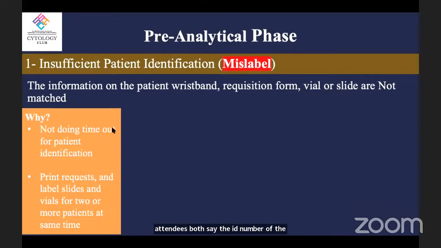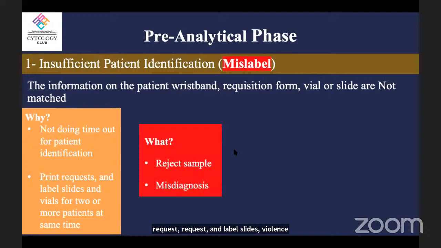Then they ask the patient to say her name to make sure this is the correct patient with the correct requisition and the label. Also, the second reason for mislabel is printing requests and labeling slides and vials for 2 or more patients at the same time. So if the sample is received by the lab and there is a mislabel, it will be rejected.